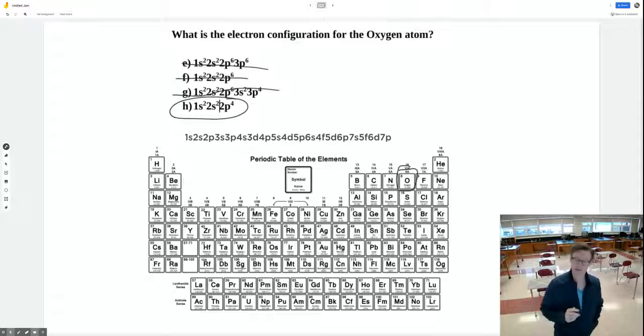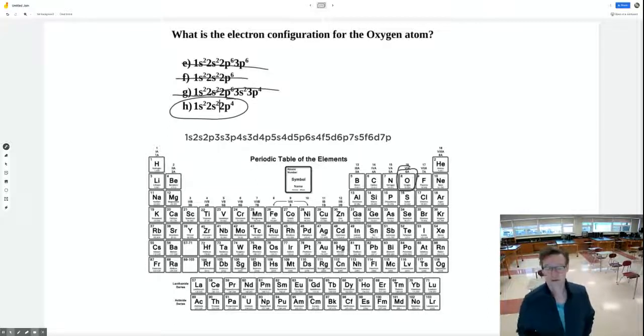The only other thing you need to know, there needs to be 2 things that are correct. One, it has to have the right number of electrons. And since none of the other ones had 8 electrons, process of elimination tells you right away that this has to be the choice. But if there were more than one that had the same number of electrons, you would then have to look at, okay, do they go in the right order?